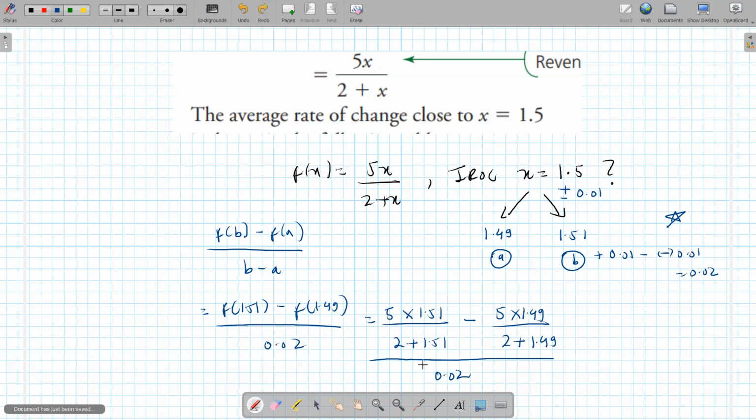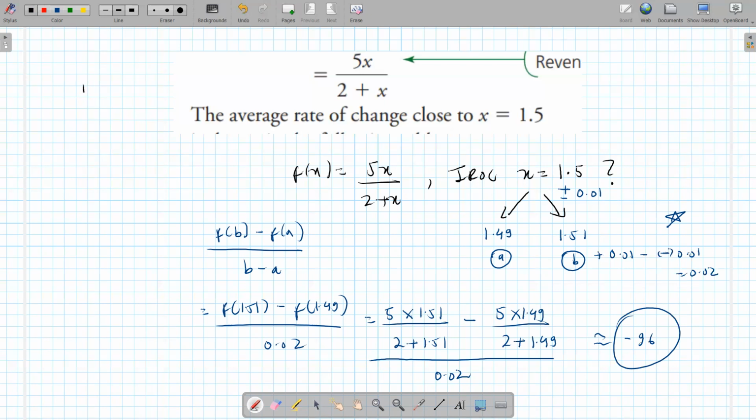Now the only thing left to do is just plug this in a calculator and you will have your answer. 5 times that divided by 2 plus 1.51 minus 5 times that divided by 2 plus 1.49, divided by 0.02. The answer is negative 96. And you are done. That is all you have to do.